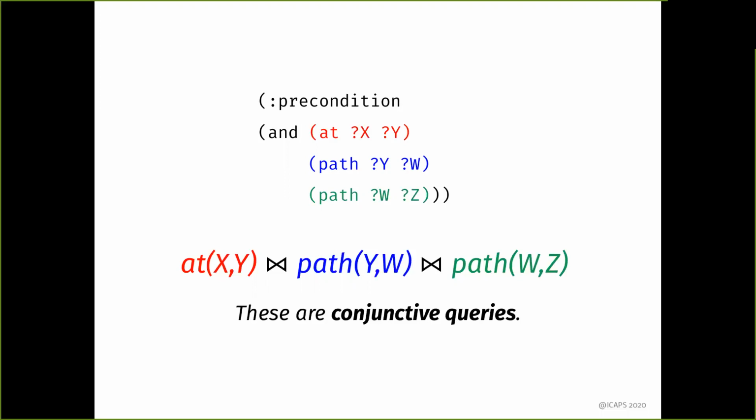Because we have tables, and we can simply join these tables, but now naming the columns, to find which instantiations are applicable in my state. Because each of these tables holds the tuples that are true in my state, the join will be all the tuples that satisfy this conjunction. And that's what we call a conjunctive query.